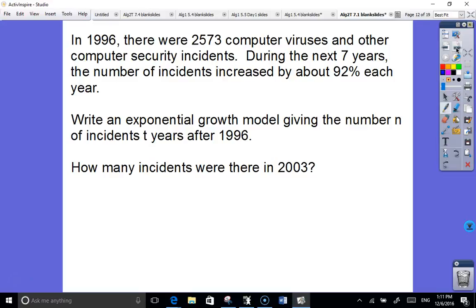So again, here would be the equation, right? N equals the initial amount. What's the initial amount? 2,573 times 1 plus, okay, what is the growth rate? 92%, right? But we want the decimal version, 0.92.